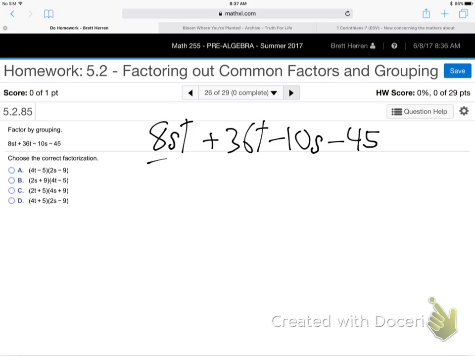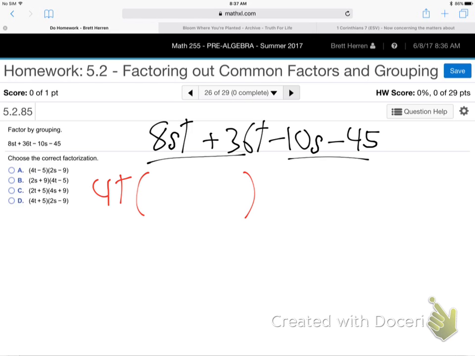All right. First two, last two. So what do those first two have in common? Oh yeah, 4. 4 goes into 8 and 36. Good. 4, and they both have a T. Correct.